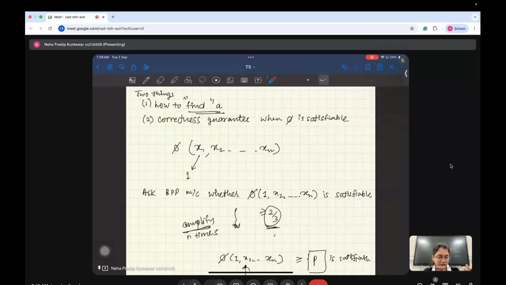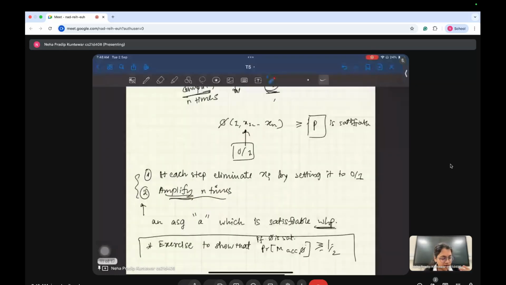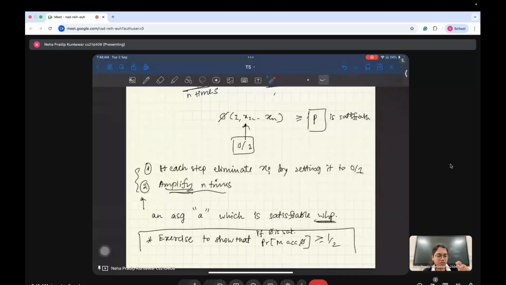This is one step that we need to do to make sure that in the end we get a good enough probability. So we use that same idea, setting the variable one at a time, amplifying it, and getting an assignment A which is satisfiable with high probability. This is a very small calculation that I'm leaving out for now. But that was the major idea.